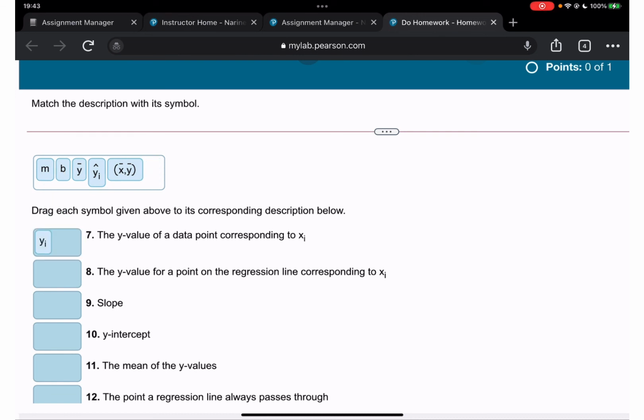Next, the y value for the point on the regression line. It's not a data point, but a point on the regression line. It's going to be y hat, this one.